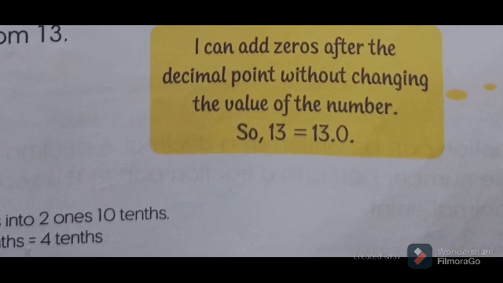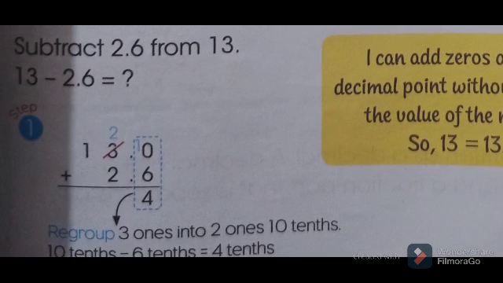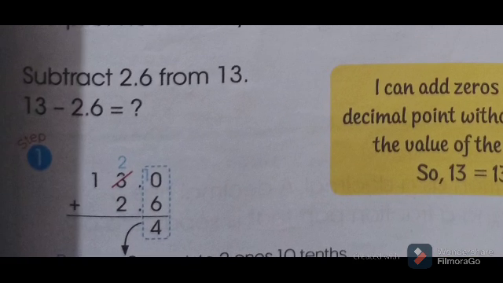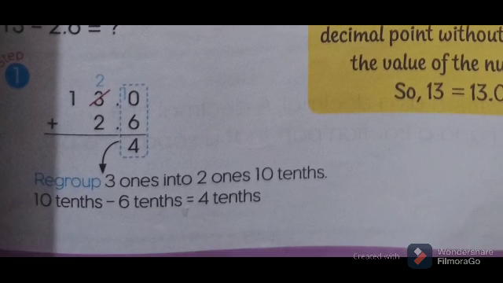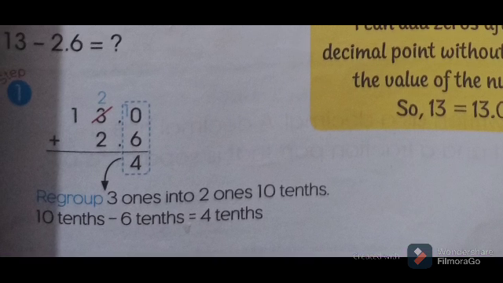As you can see, 13 is equal to 13.0. 13.0 minus 2.6. There is a mistake in your book. This sign should be subtraction. You can correct this sign with your pencil. Okay.